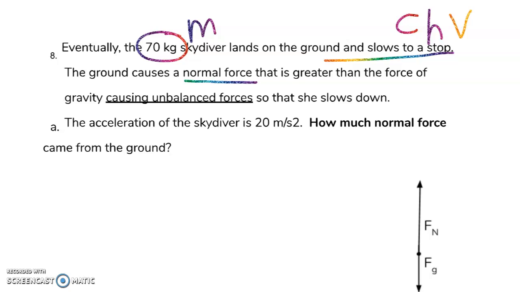In that sentence alone, this is an example of how you would explain what's causing something to speed up or slow down. The main reason being that the forces are unbalanced, and it's clear in this sentence which one is greater than the other. We also have a diagram here at the bottom that shows that.